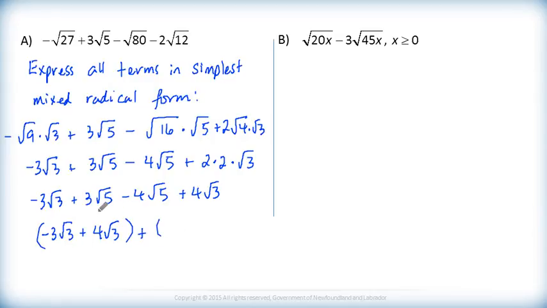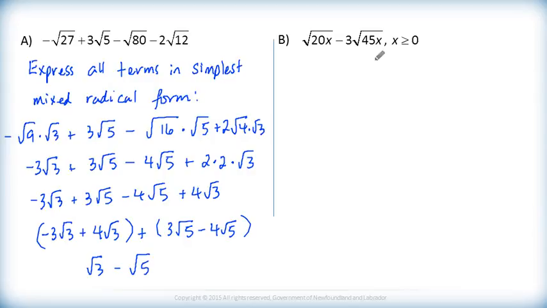Plus, we have 3 root 5 minus 4 root 5. They are the like radicals. Negative 3 plus 4 is 1, so we have just a root 3. And 3 root 5 minus 4 root 5 is negative root 5.